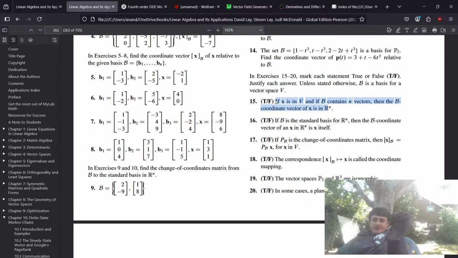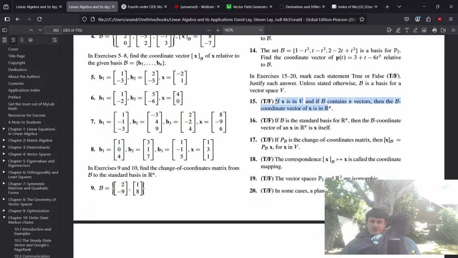Okay, 16. If B is the standard basis, then the B coordinate of an X in Rn is X itself. That's true as well, because then the basis matrix is just going to be the identity matrix, so it doesn't actually change anything.